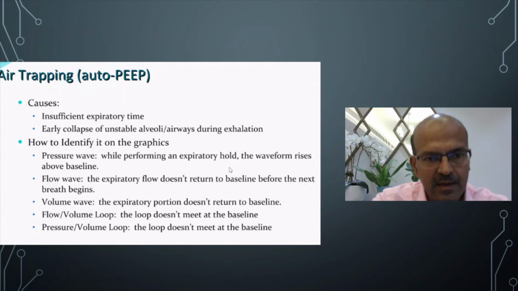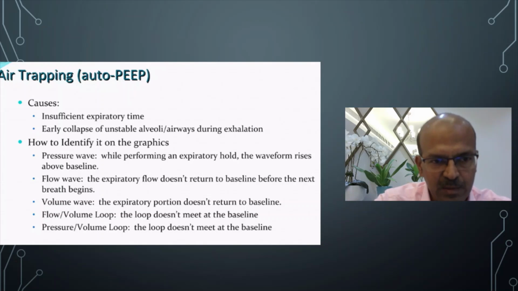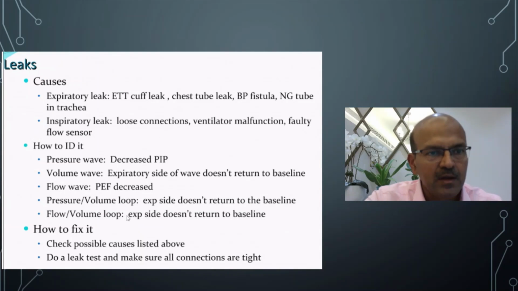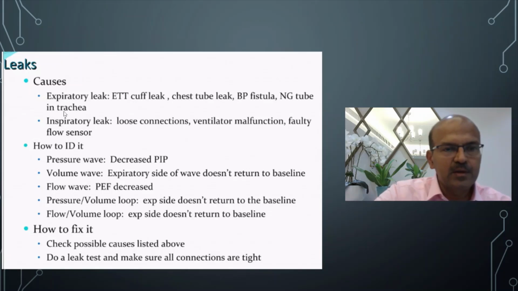So you can use the pressure wave mainly to see, for example, in the Draeger VN500, the pressure that we reach can be seen on the pressure wave compared to what you set in the volume guarantee modes. But otherwise it doesn't have much function. The flow and the volume waves don't return to baseline, and the loops also, as we discussed. And leaks can happen through an expiratory leak at the ET tube leak.